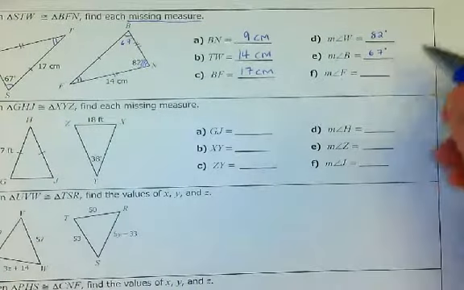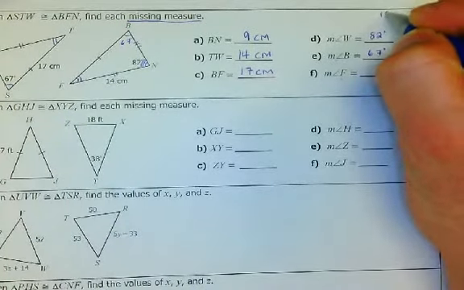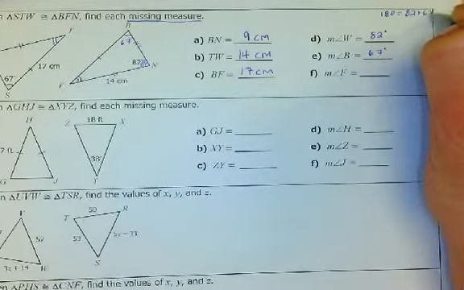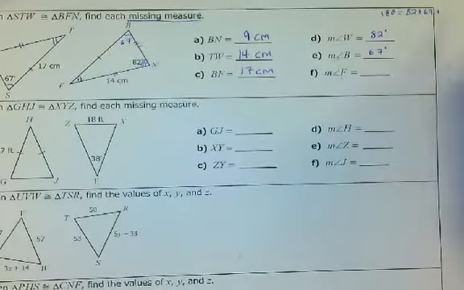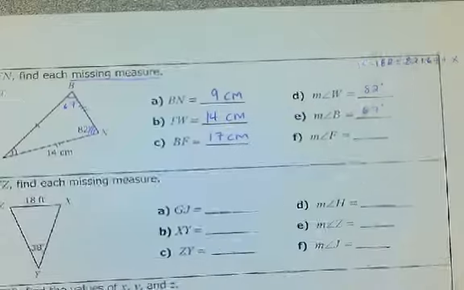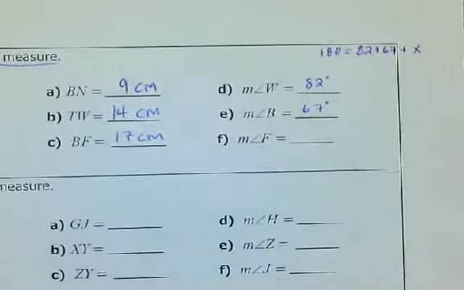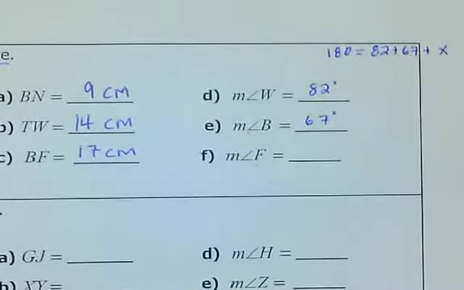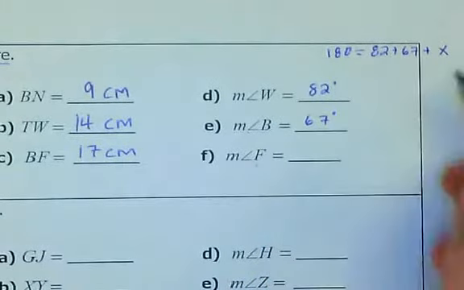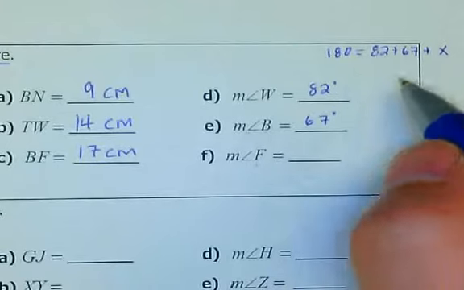You can set up a long formula, like 180 equals 82 plus 67 plus some number that we don't know. Or you can add the 82 and 67 and just subtract it from 180.